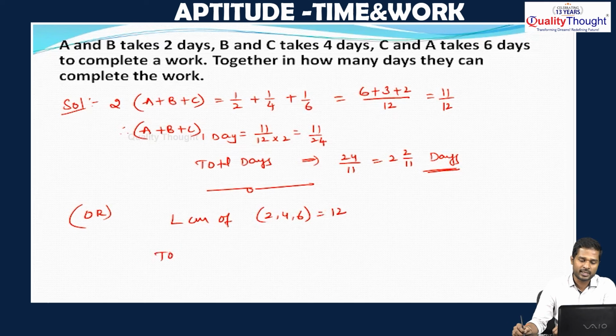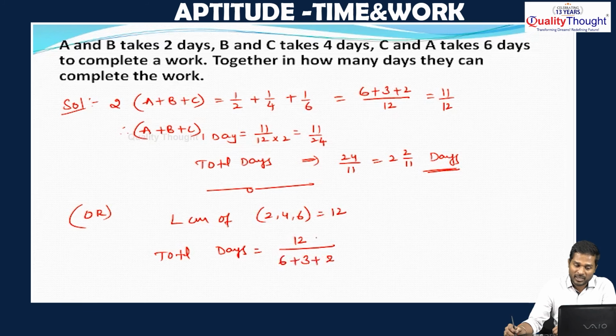Now, total days is 12 by 2, 6s are 12, 4 3s are 12, plus 6 2s are 12, and multiply by 2 because everybody is working 2 times as per the equation. So it is 24 by 11, which is 2 2 by 11 days.